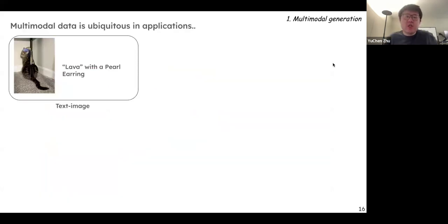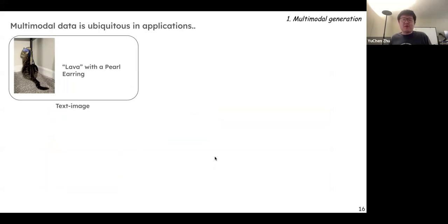So there are actually a lot of types of multimodal data. For example, the one we're most familiar with is probably text and image. Here I'm showing the image of my lovely cat Lava. To describe this image, a good caption would be, say, Lava with a pearl earring.